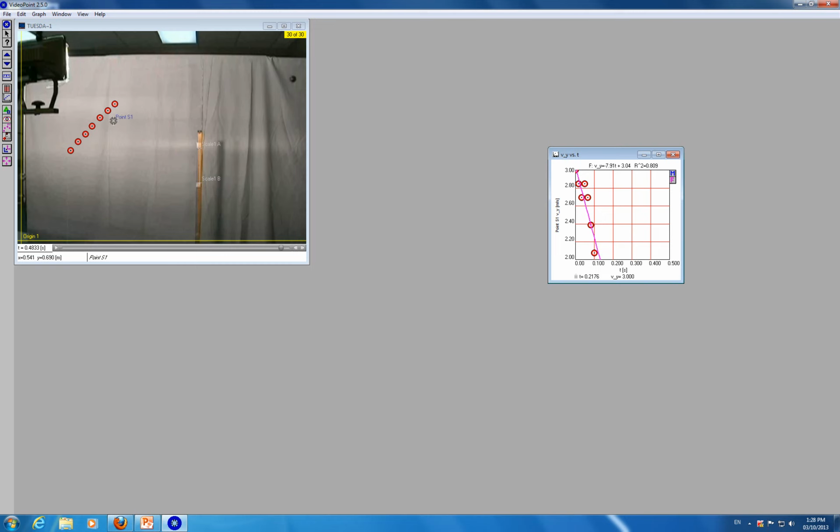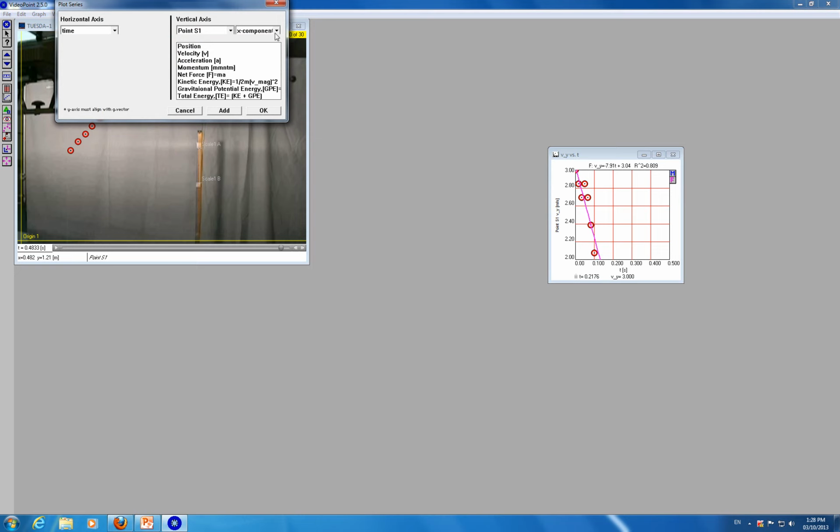When you get to that point, get all your data and you want to graph things, you can simply go to View, a New Graph. And as I've already mentioned, you can plot X components or Y components. You can do position, velocity, or acceleration. I believe in the lab we're just going to be looking at position and velocity.